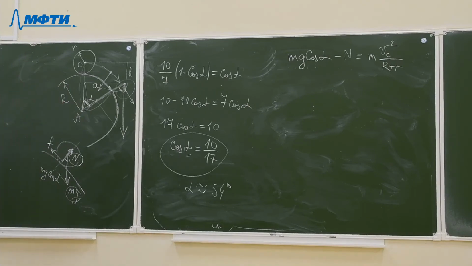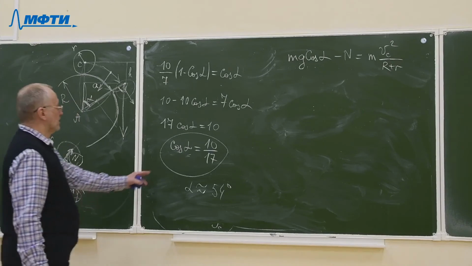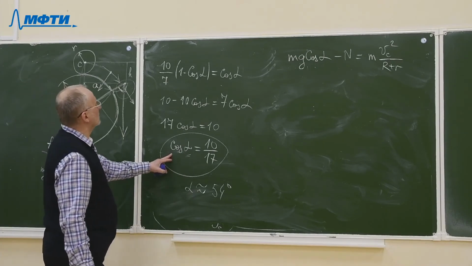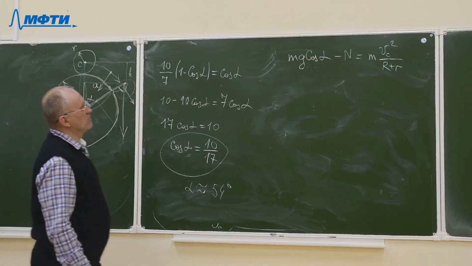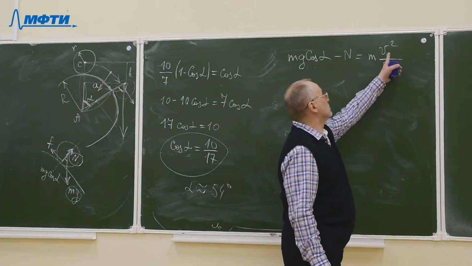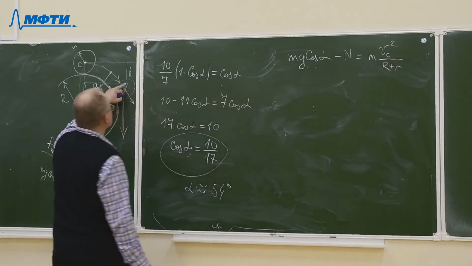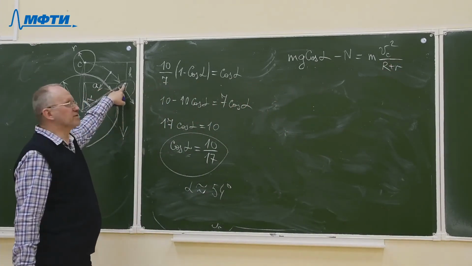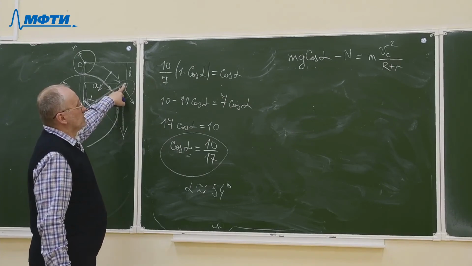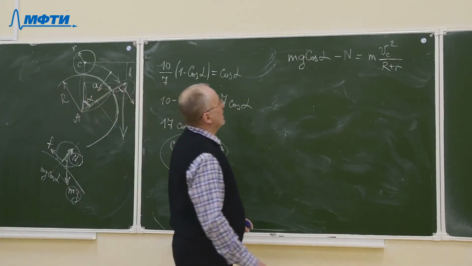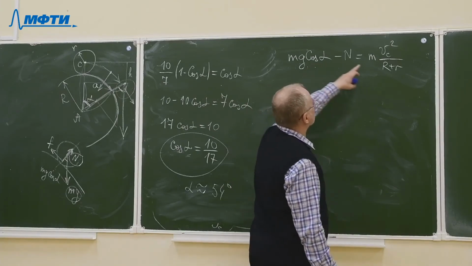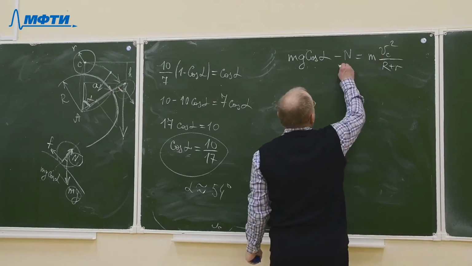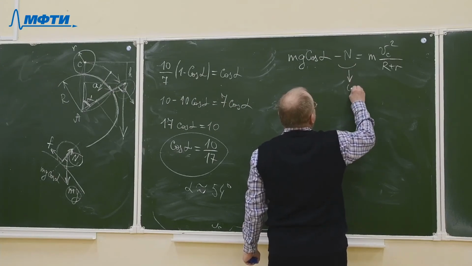So, if we found the cosine, then we know the velocity of the center of mass at this particular point. And the velocity is such at this critical angle, the angle of disconnection, that this term is 0.